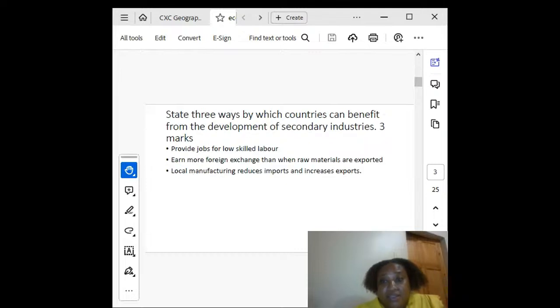Those are the case studies. Remember to revise those, right? 3 ways in which the secondary industry can benefit the development of your country. So it will be provides jobs for low-skilled labor, earn foreign revenue when the raw materials are exported, and local manufacturing reduces imports and increases exports.